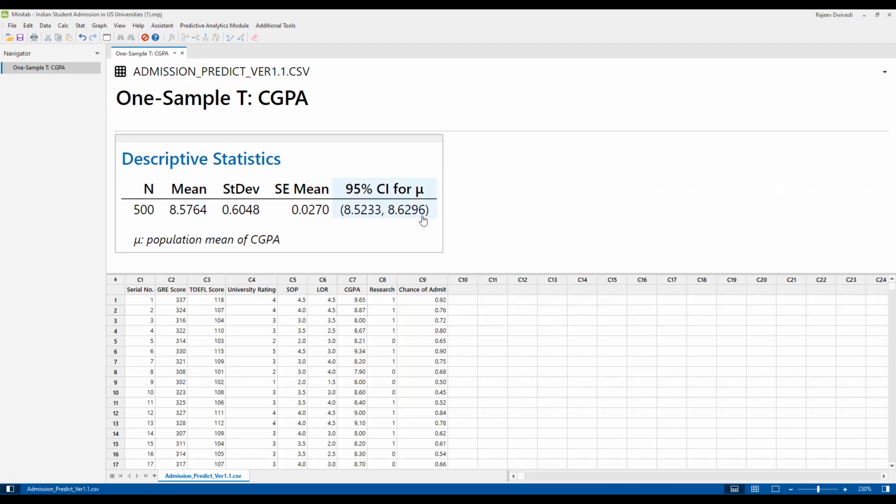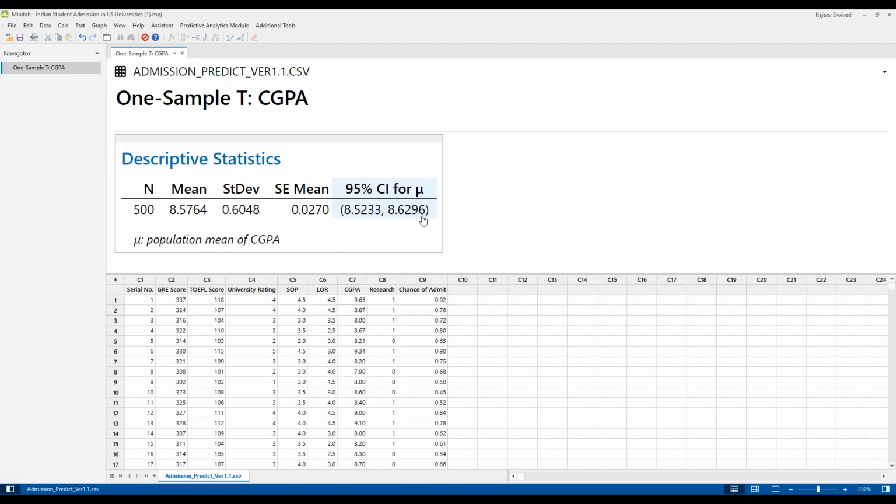That means, based on this data of 500 students, I can say I'm 95% confident that the GPA of all the students coming from India is between 8.52 and 8.62. So I got this range.